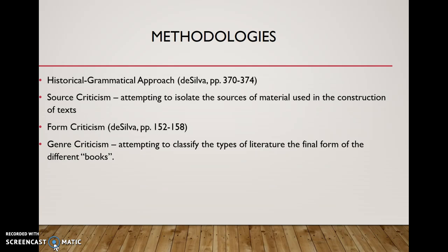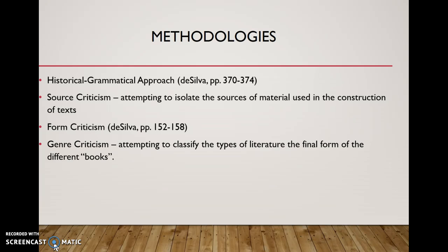Another important one that's really not mentioned by De Silva, but extremely important, is genre criticism. In genre criticism, it's like form criticism, but we're attempting to classify the types of literature, the final form of the different books of the New Testament.